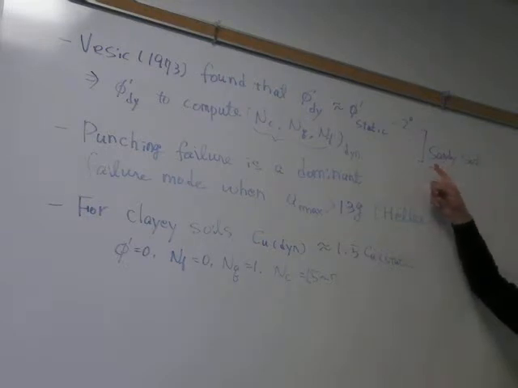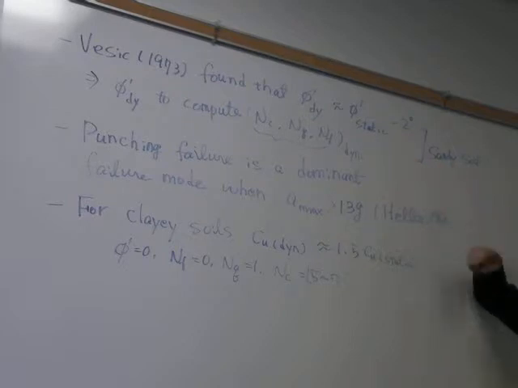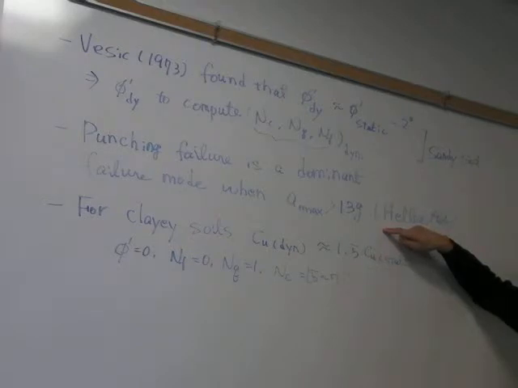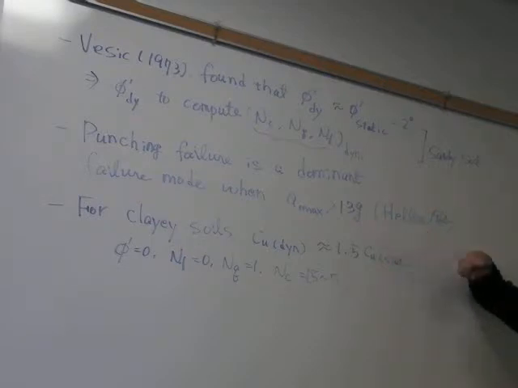We will decrease the phi, we will increase the C, and for the high acceleration, we will consider punching failure. Is that correct? It's not correct. Think about why it's not correct.